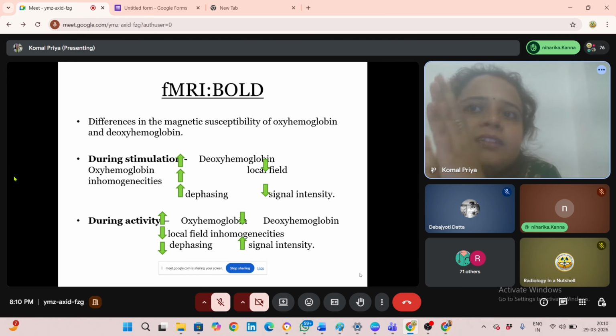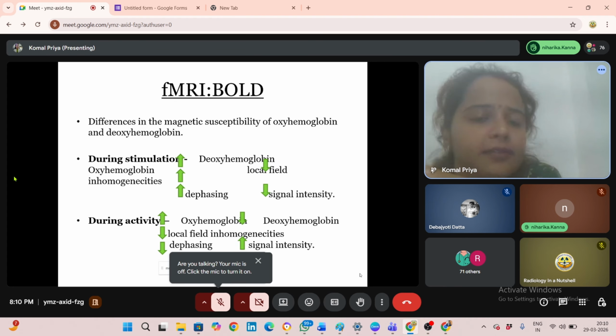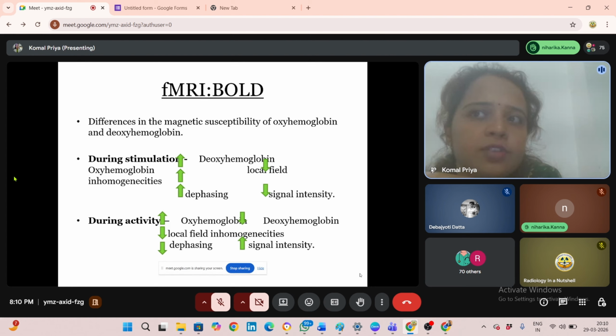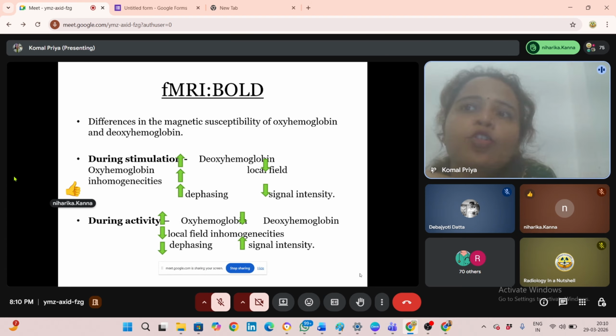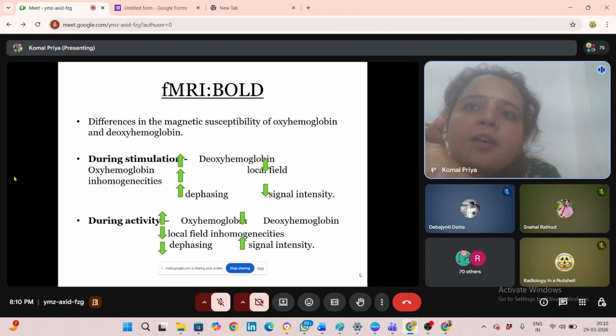What did I say? Hemoglobin is a molecule which contains iron and it transports oxygen in the vascular system when the oxygen binds directly to the iron. The oxygen bound is known as oxyhemoglobin, and the oxygen which is not bound is known as deoxyhemoglobin. In oxyhemoglobin the iron is largely suppressed, and in deoxyhemoglobin the molecule becomes more magnetic.